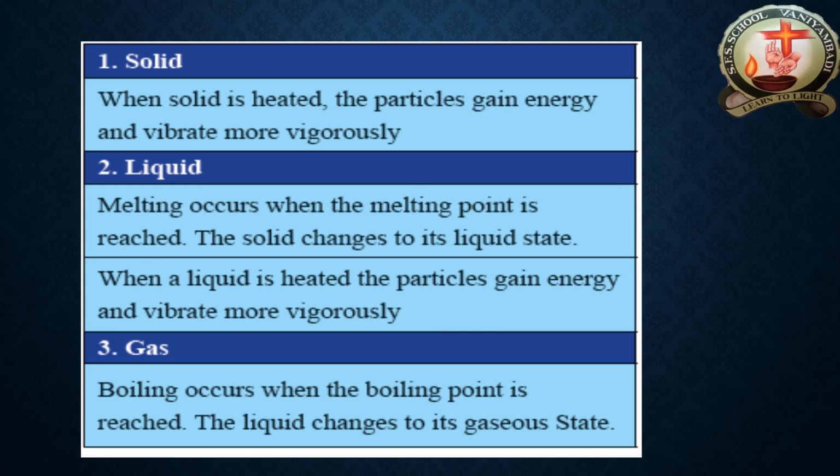When the liquid is heated, the particles gain more energy and vibrate more vigorously. Boiling occurs when the boiling point is reached, and the liquid changes into the gaseous state. This correlation is very important: solid converts to liquid, and when we heat again, it converts to gas.